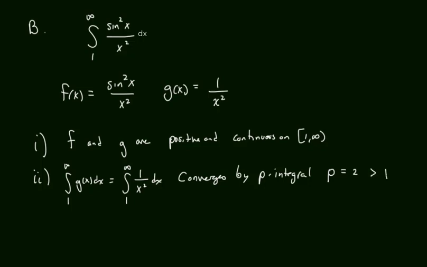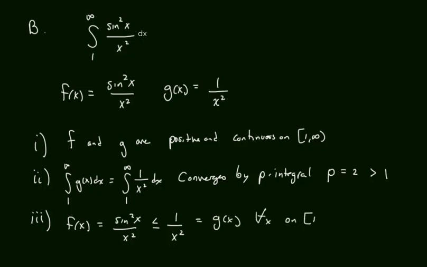And step 3, then our goal is to show that f is always smaller than g. So f of x is the sine squared x over x squared, which is certainly less than or equal to 1 over x squared, because the sine is between -1 and 1. The sine squared is always less than or equal to 1, which is equal to g of x for all x on 1 to infinity.